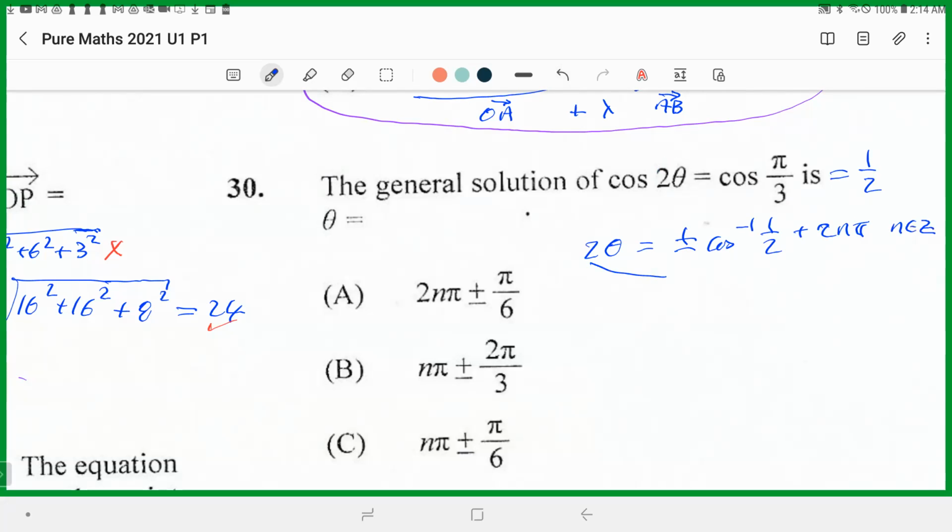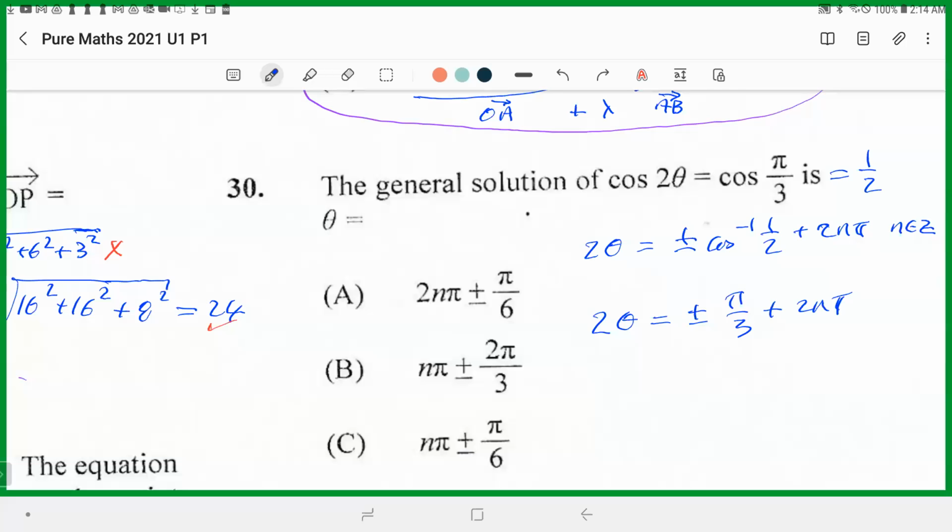So if you divide by the 2 now, you're going to get theta equals... well, cos to the minus 1 of a half is pi by 3, right? So 2 theta becomes plus or minus pi by 3 plus 2n pi. This is the principal angle.